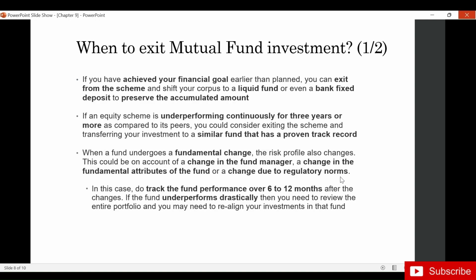In lesson 2 of chapter 9, we will talk about when an investor can consider exiting their mutual fund investment. So, if an investor has achieved their financial goal earlier than planned, then they can exit from the mutual fund scheme, and they can shift their corpus to a liquid fund or even a bank FD to preserve the amount that they have accumulated through the equity scheme.